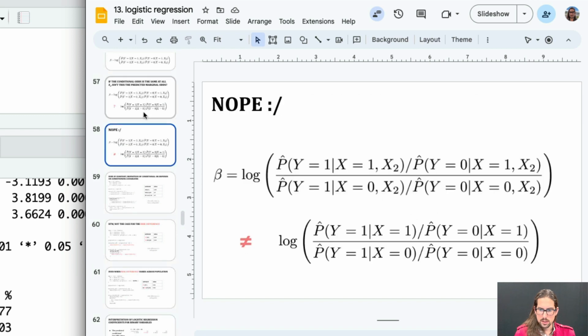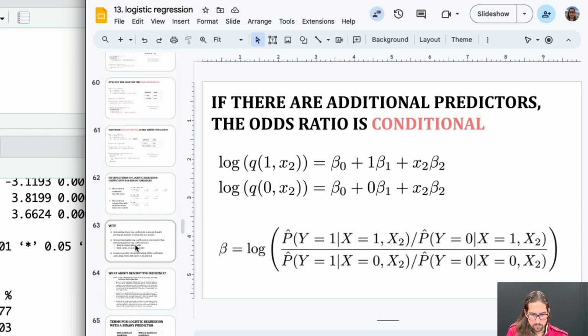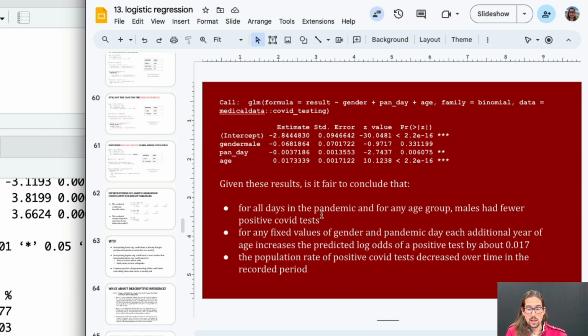What we're looking at is something like this conditional log odds, and they're saying that this thing is negative, which means that the probability that y equals 1 for males, the probability of a positive test for a male is lower in any bucket.